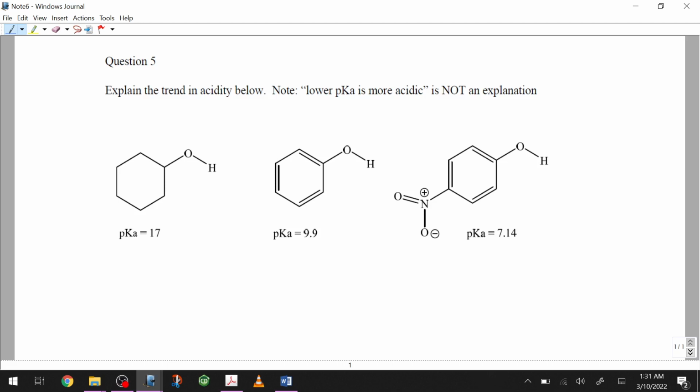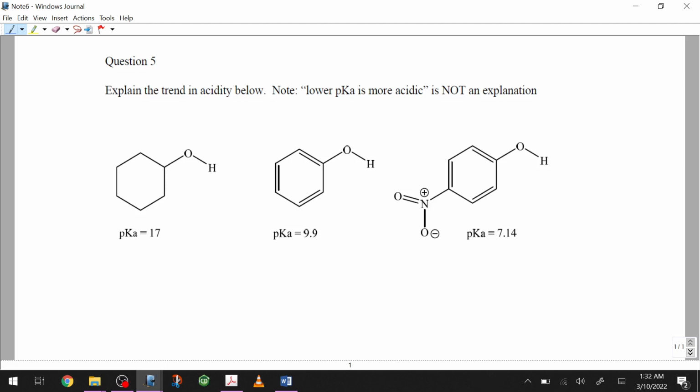Now, your book talks about what's called ARIO, for atom, resonance, induction, and orbital. There's a little bit of confusion on that, so I want to clear that up real quick. Yes, it always applies, but there are some limitations. When we talk about the orbital, meaning the hybridization of the atom where the hydrogen was attached, in all of these cases, that's identical.